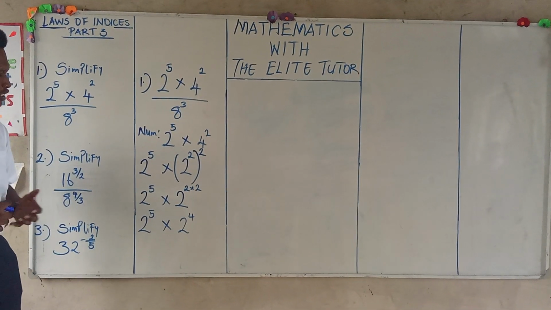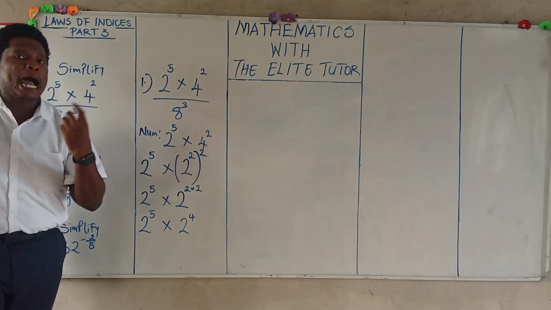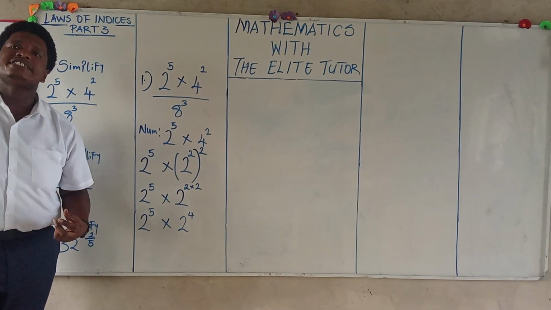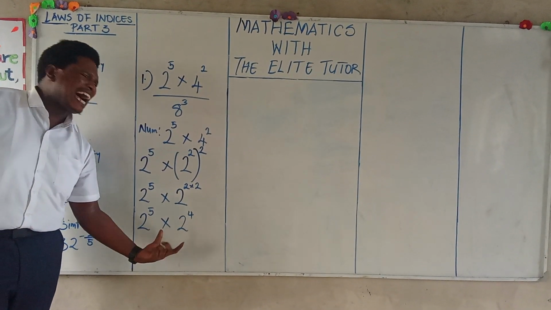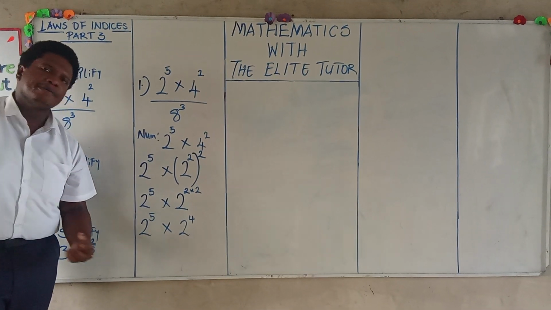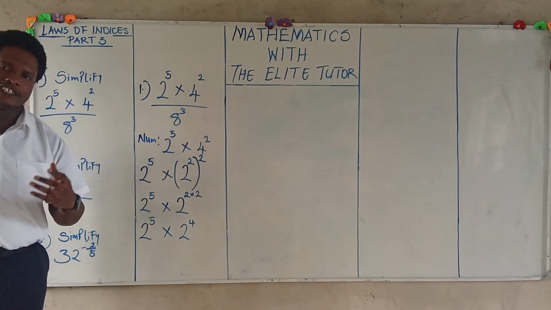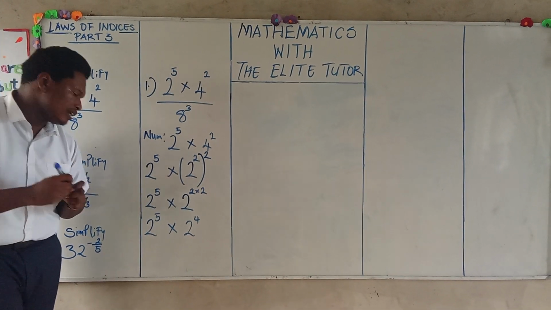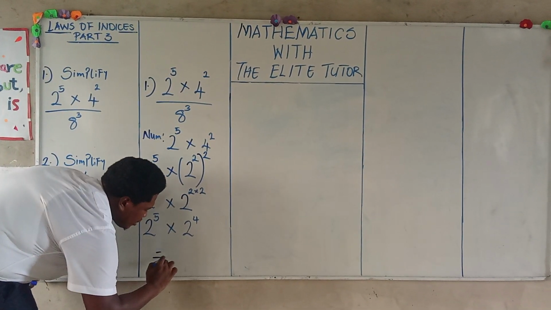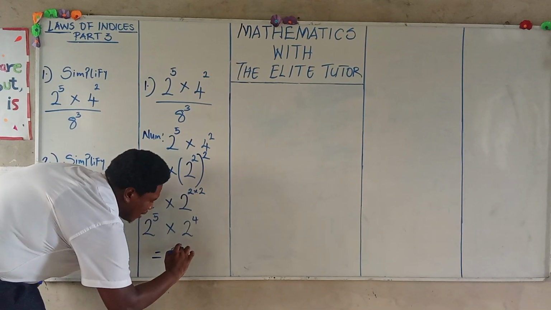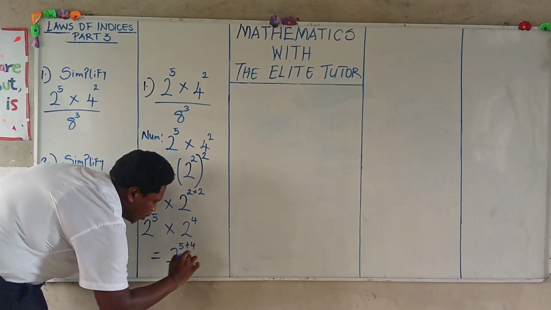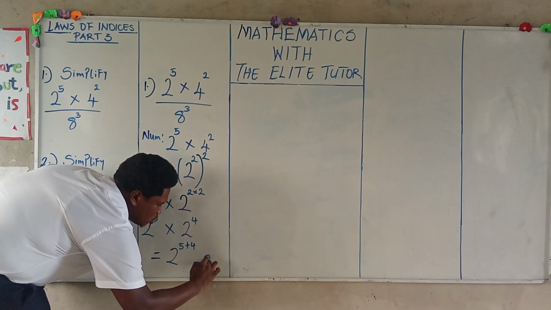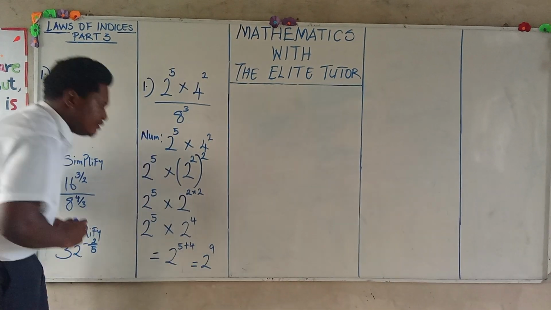Now we can comfortably apply the product law of indices, while their bases are the same and they are multiplying. The product law tells us when they are multiplying, we go ahead to add their powers. So this is equal to 2 raised to power 5 plus 4, which gives us 2 raised to power 9.